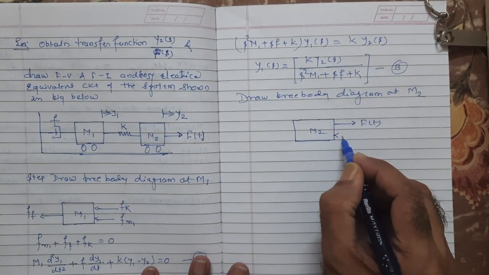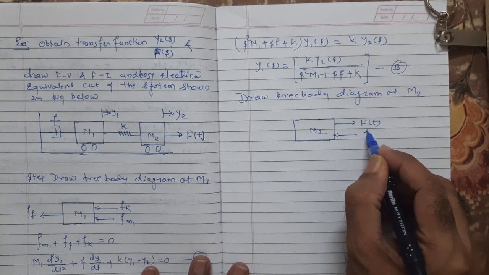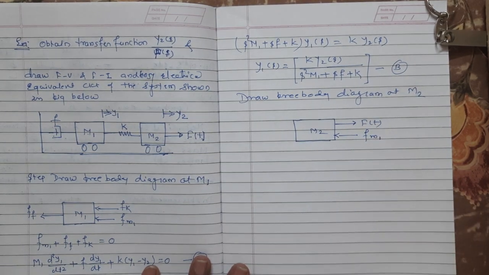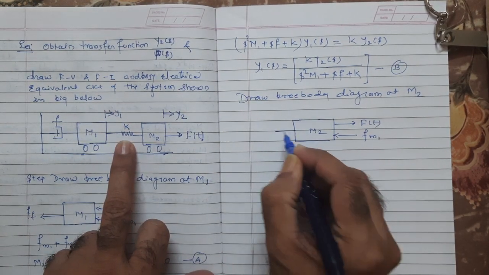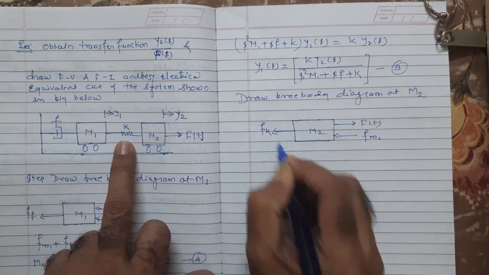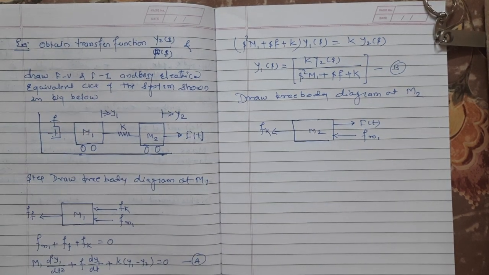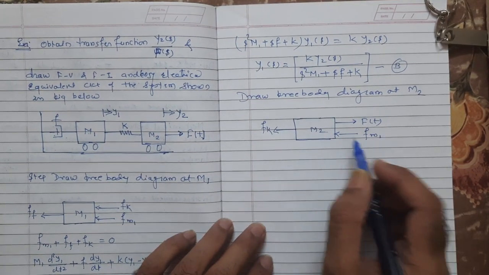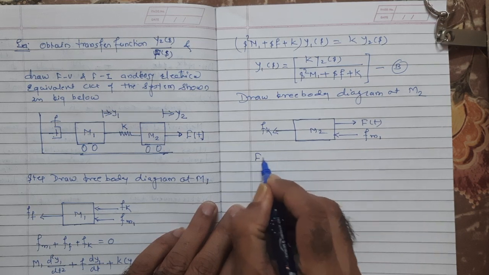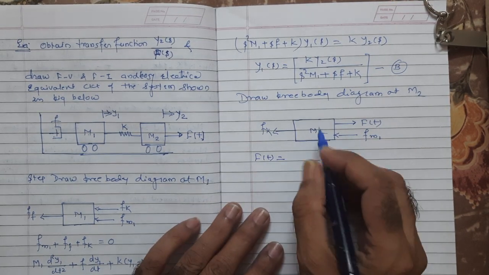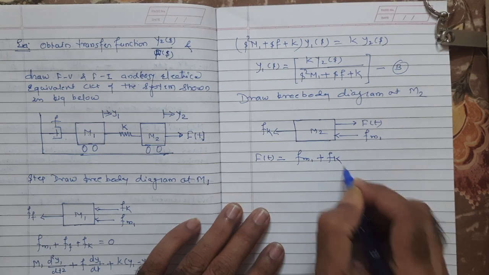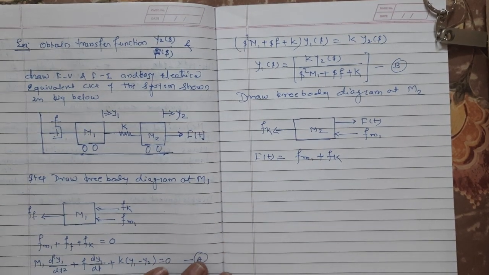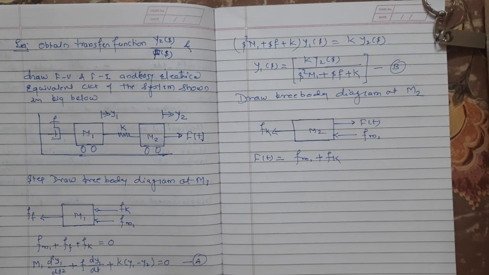So this is fm1, and this is the k force, that is fk. Now we will write the force equation: f of t equals fm1 plus fk.